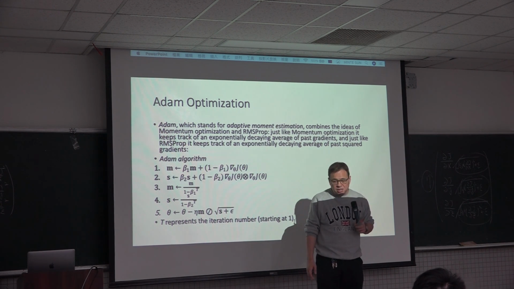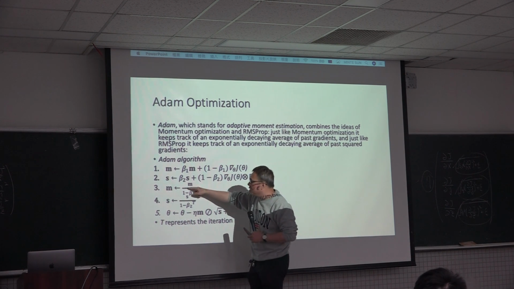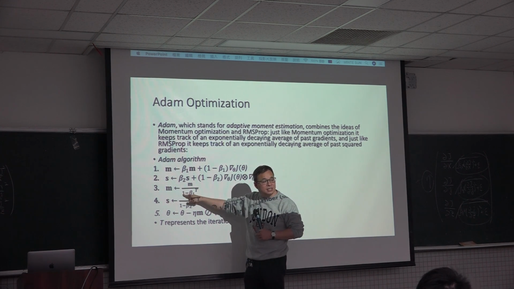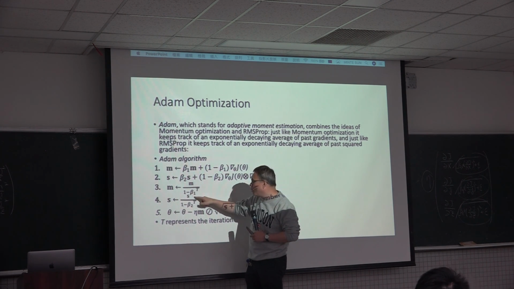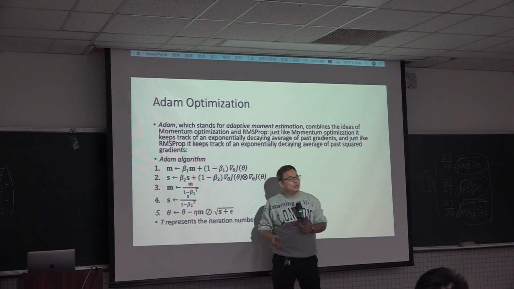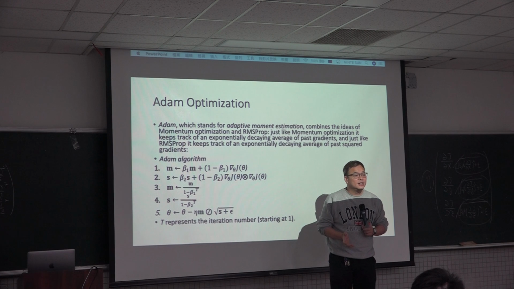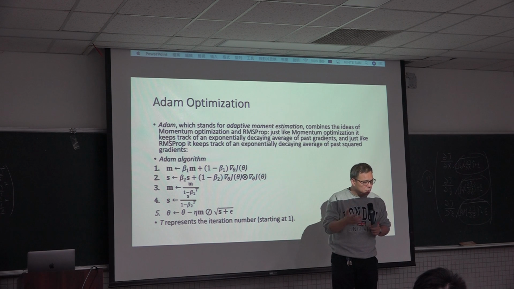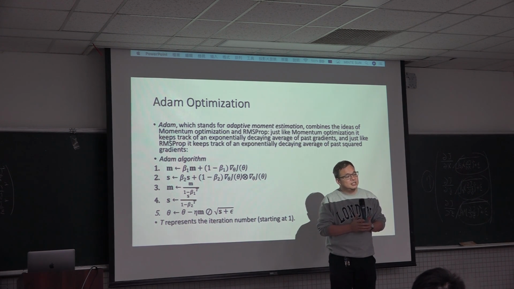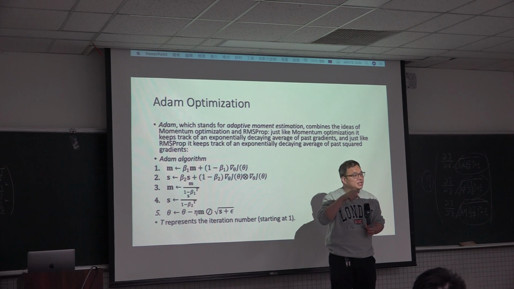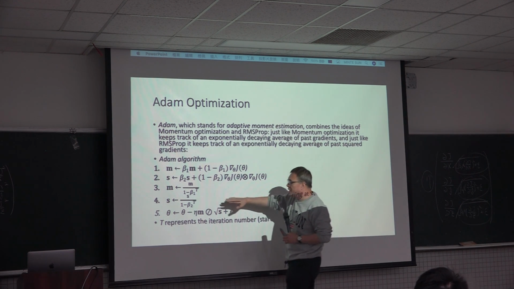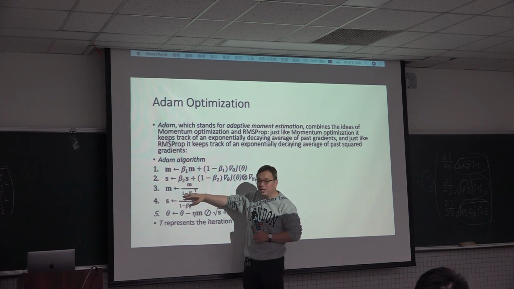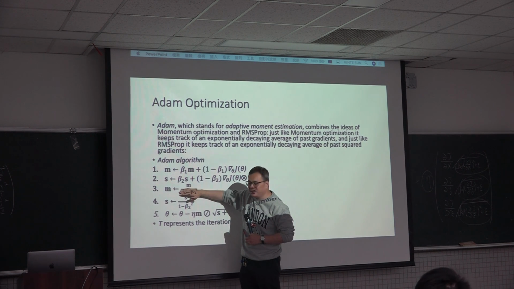When t becomes big, beta 1 to the power of t and beta 2 to the power of t will both quickly shrink to 0, so this thing will quickly become 1. In other words, n is going to be divided by 1, so this has no effect whatsoever.